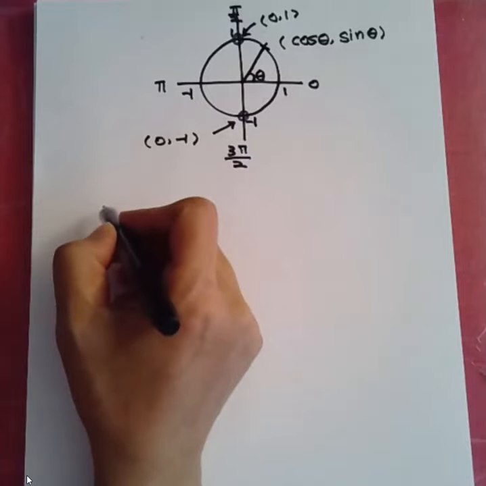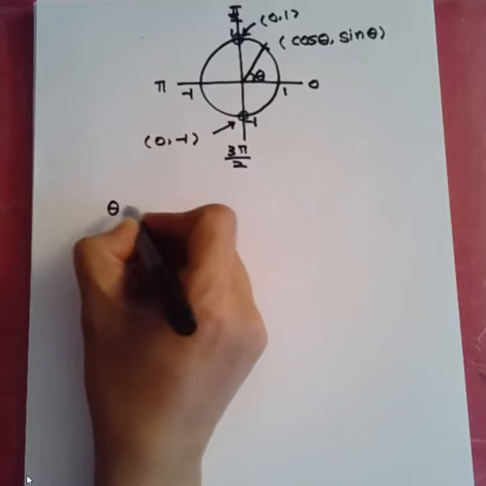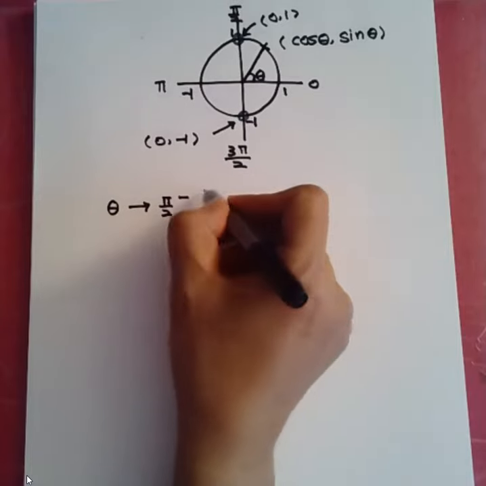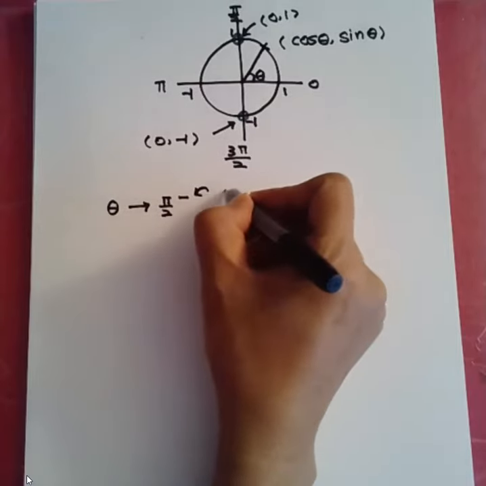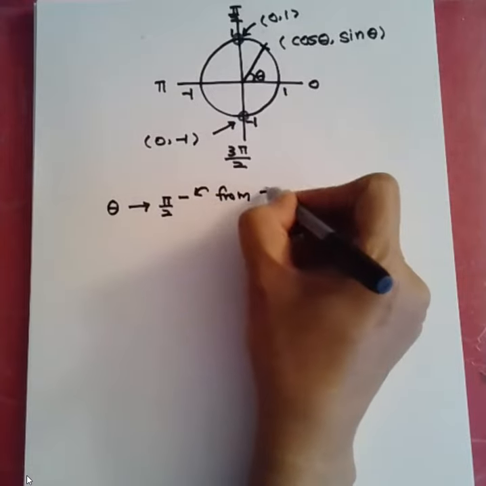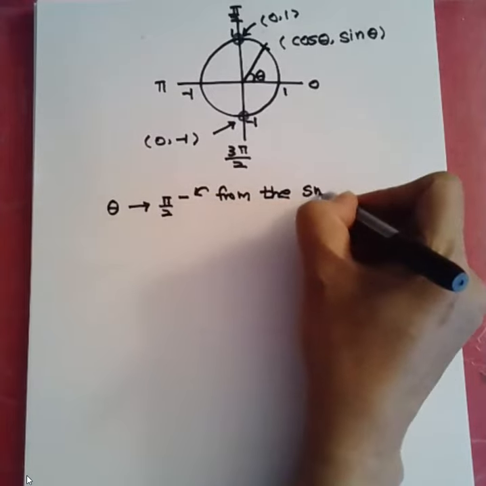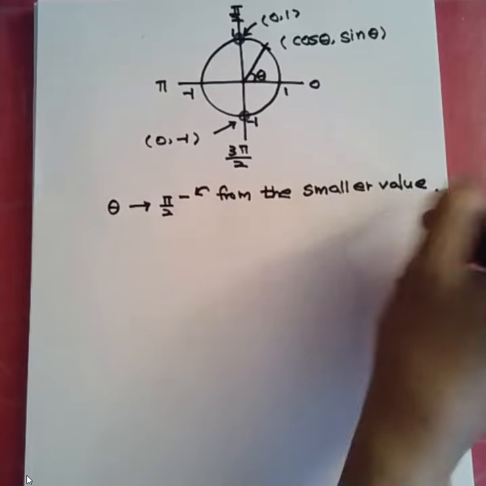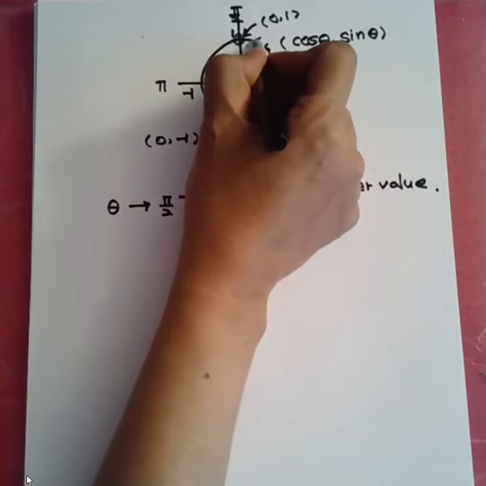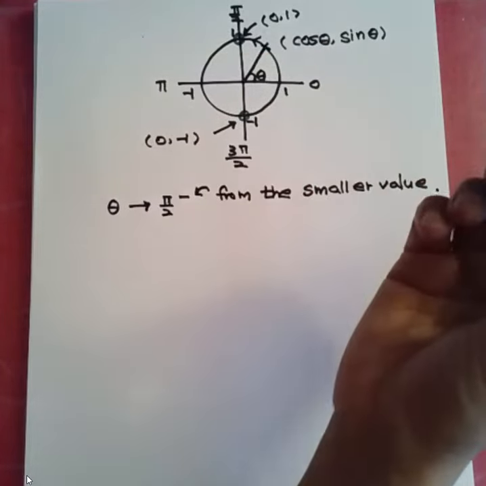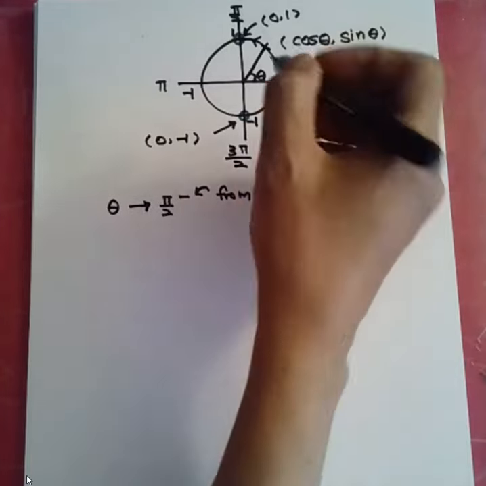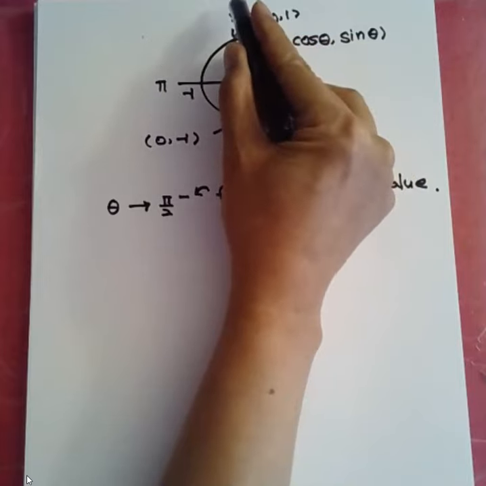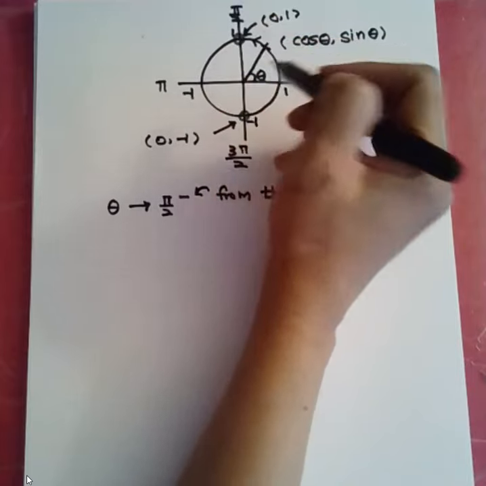Let's consider what happens when theta goes to pi over 2 minus, that means from the smaller value. So we are moving the angle this direction. So angle is smaller than pi over 2, and we are approaching this vertical positive y-axis.